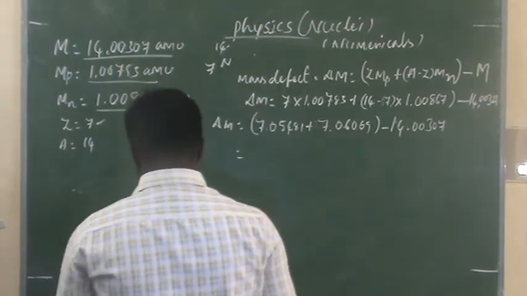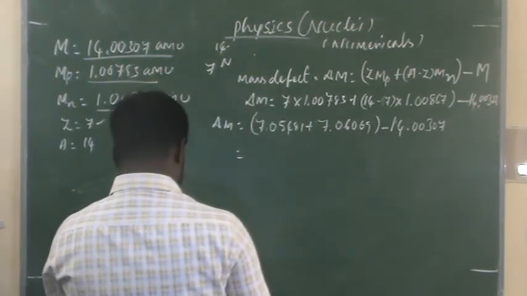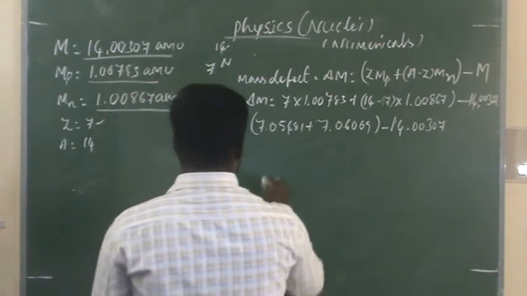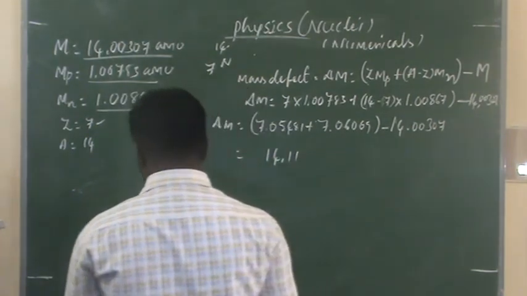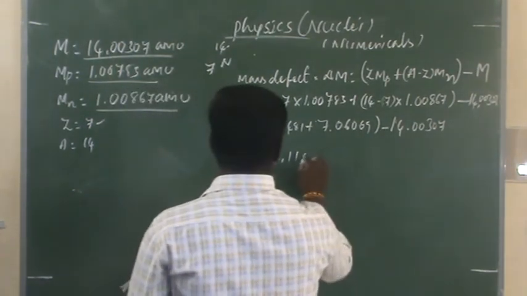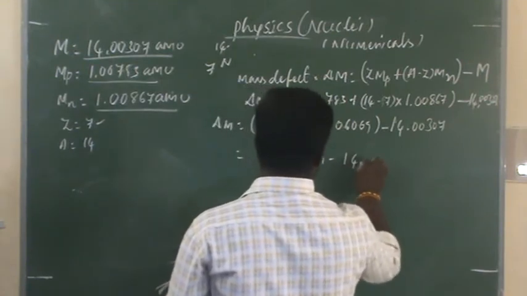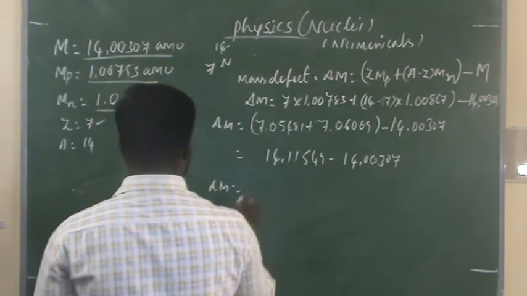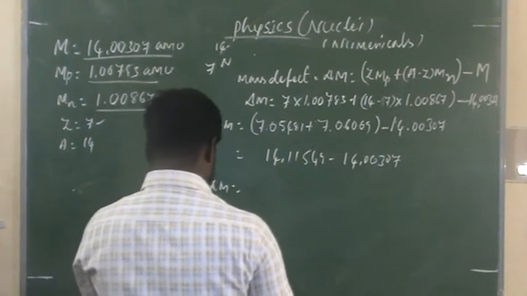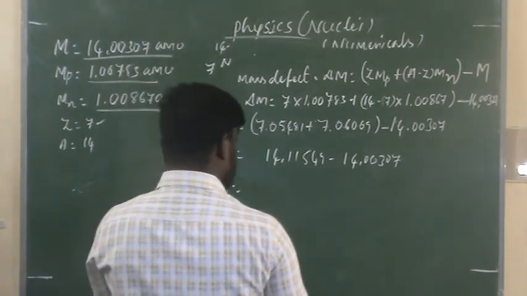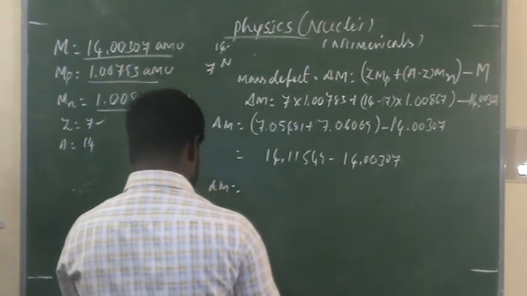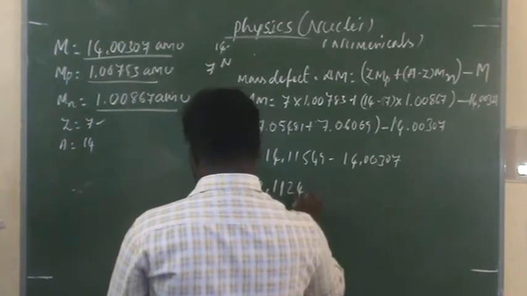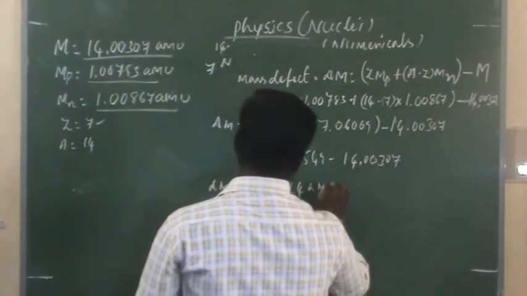So 7.05481 plus 7.06069 is 14.11549, minus 14.00307, so delta M equals 0.1124 atomic mass unit.